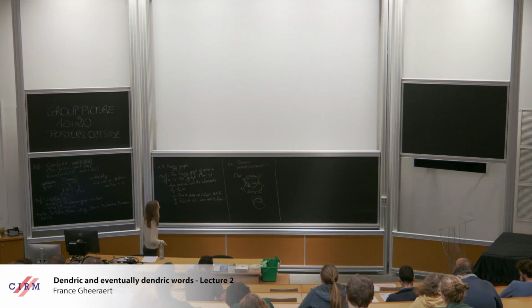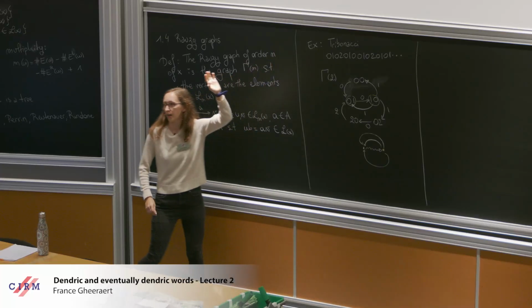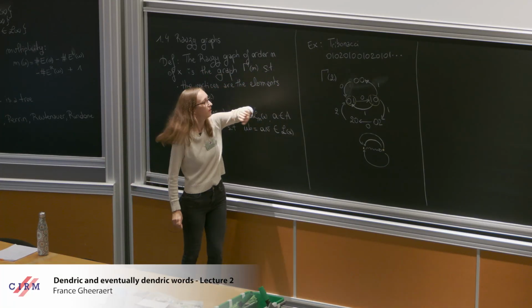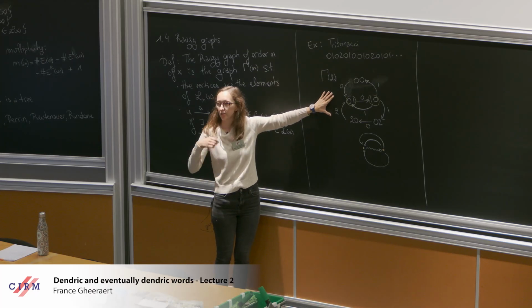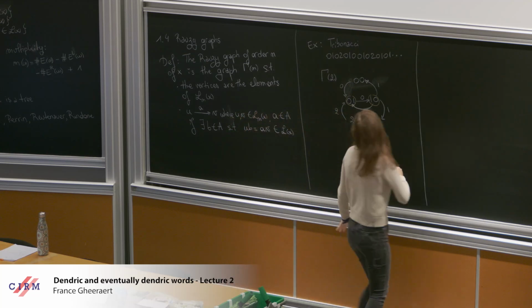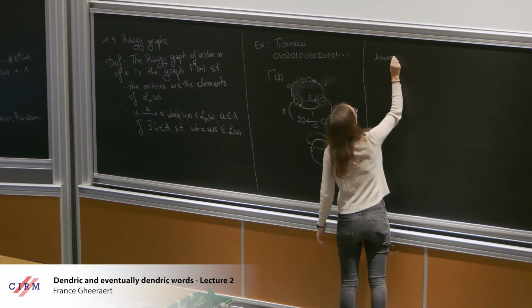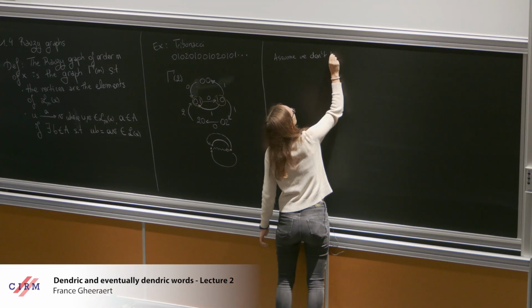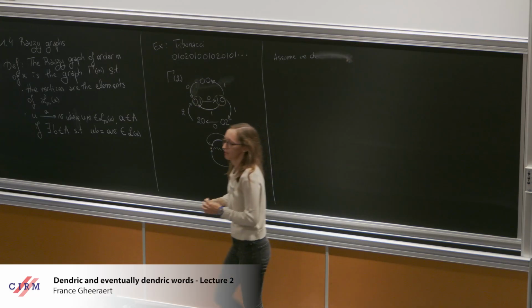Well, let's keep going. Okay, assume now I forget that I'm working with Fibonacci. I don't know the word there. The only thing I know is that this is the Rauzy graph of order 2. And I'm trying to guess what would be the Rauzy graph of order 3.